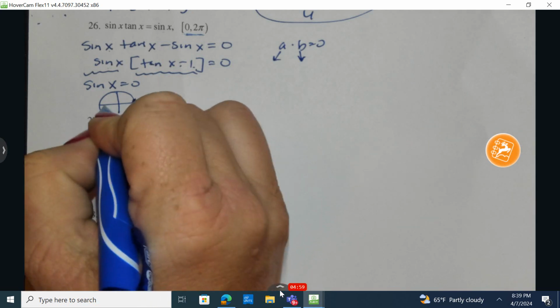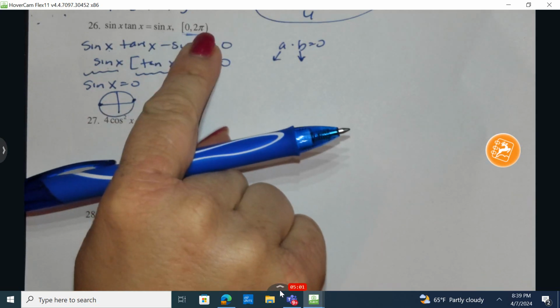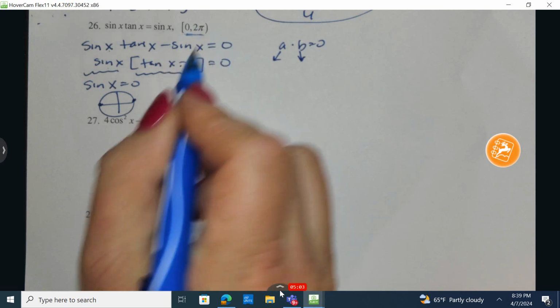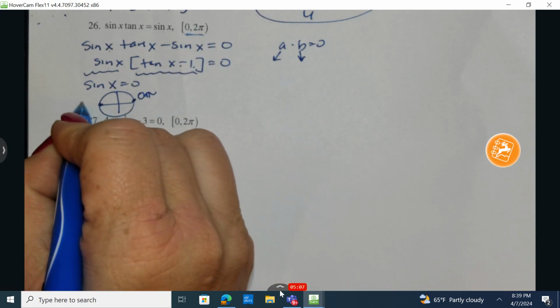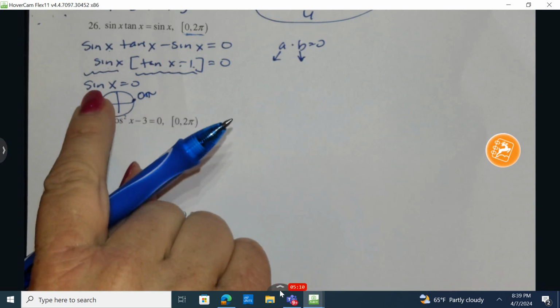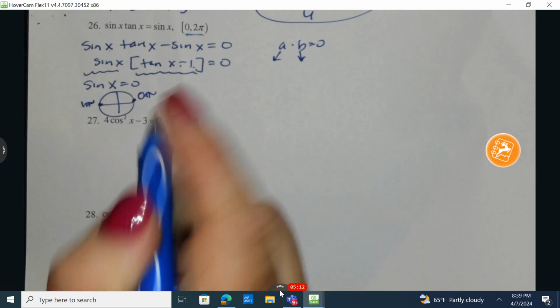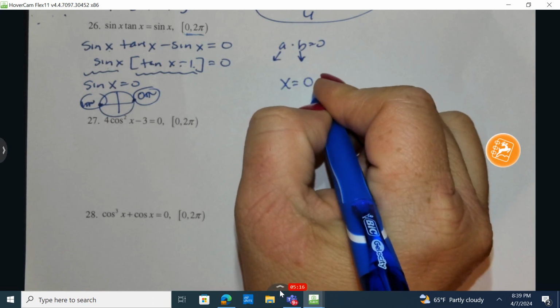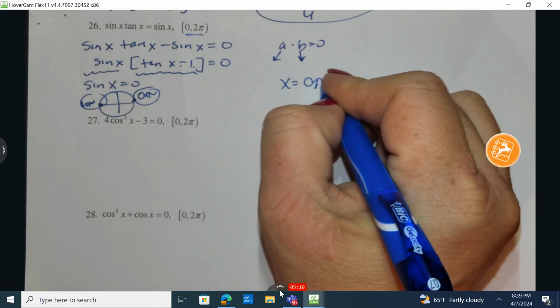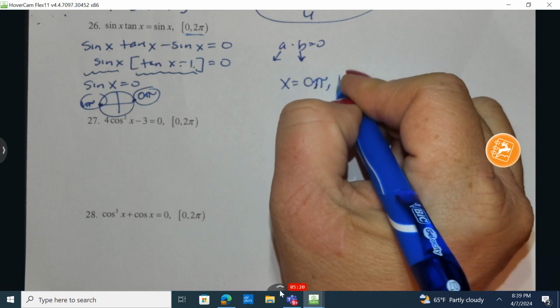And that's in these two places. Now on this interval, notice that we're including the radian, that includes 0 pi and that includes 1 pi. Both have a sine value of 0 at those two locations. So I believe the solutions would be 0 pi, or 0, but the same thing, and 1 pi.